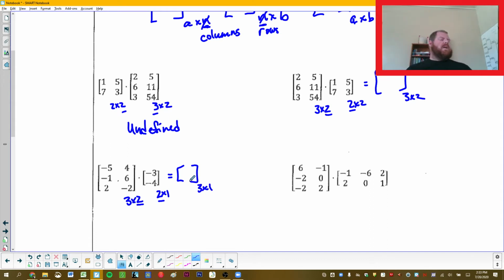Just sort of planning it out. And this last one is a 3 by 2 and a 2 by 3. So that's going to result in a matrix that is 3 by 3, or a square matrix.